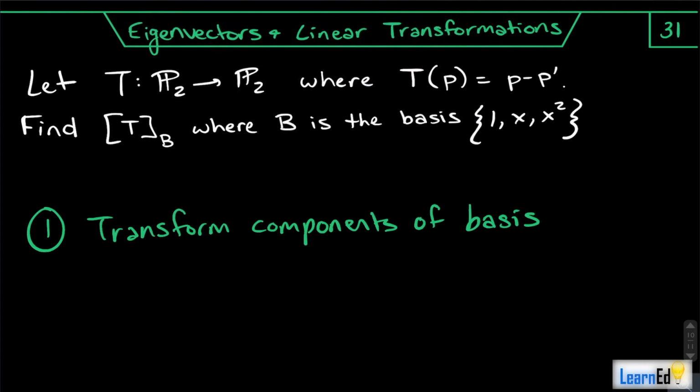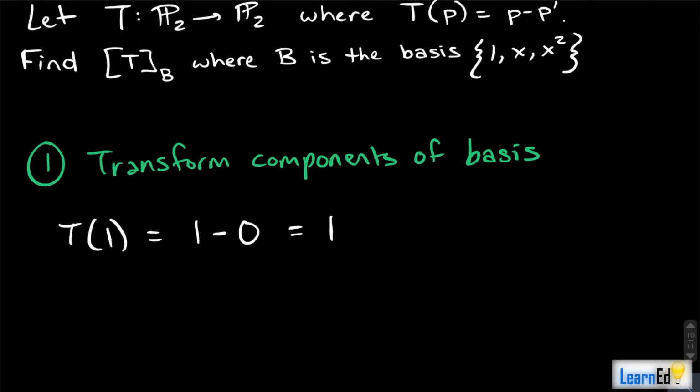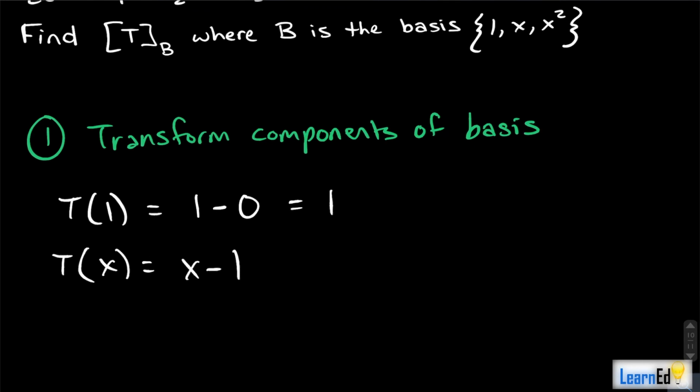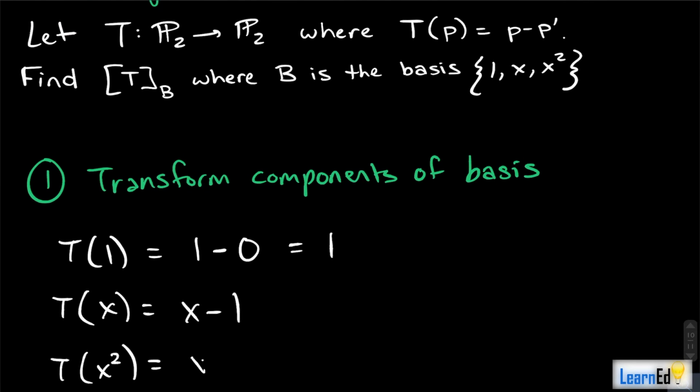So if we transform 1, we will get 1 minus its derivative, which is 0, so we get 1. If we transform x, we will get x minus its derivative, which is 1, so that's x minus 1. And if we transform x squared, we will get x squared minus its derivative, which is 2x.